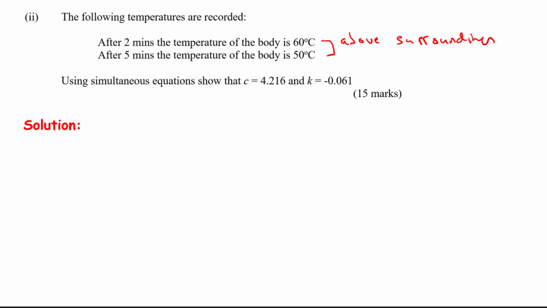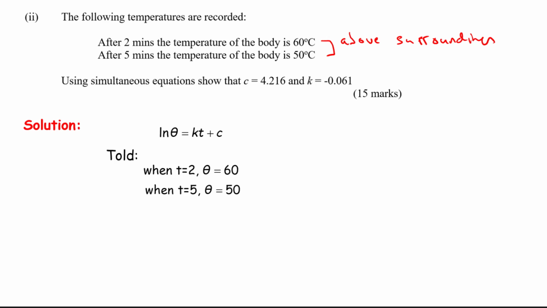Okay, so if that's the case, we have the general solution, and now we're trying to find k and c. So we know that when t, the time, is 2 minutes, theta is 60. So we just substitute 60 for theta and 2 for t into the equation.